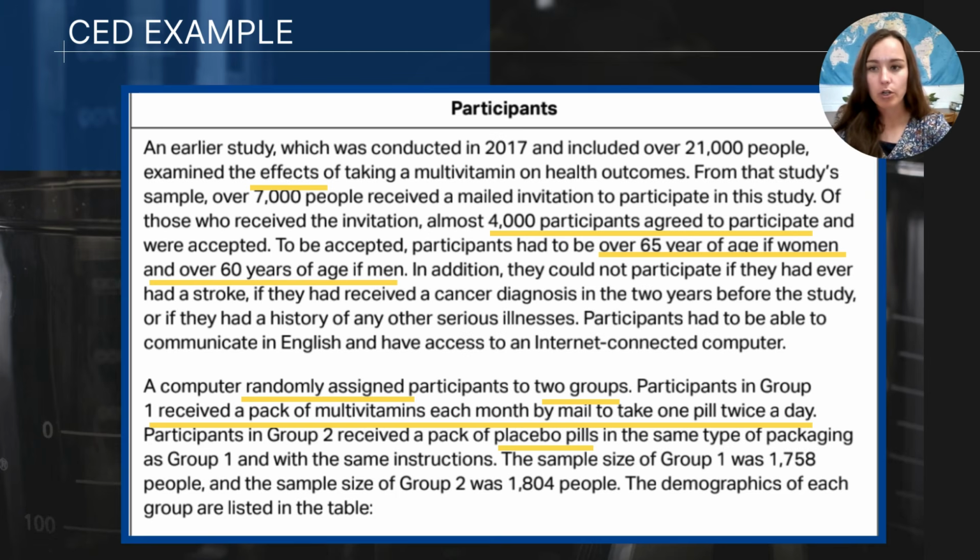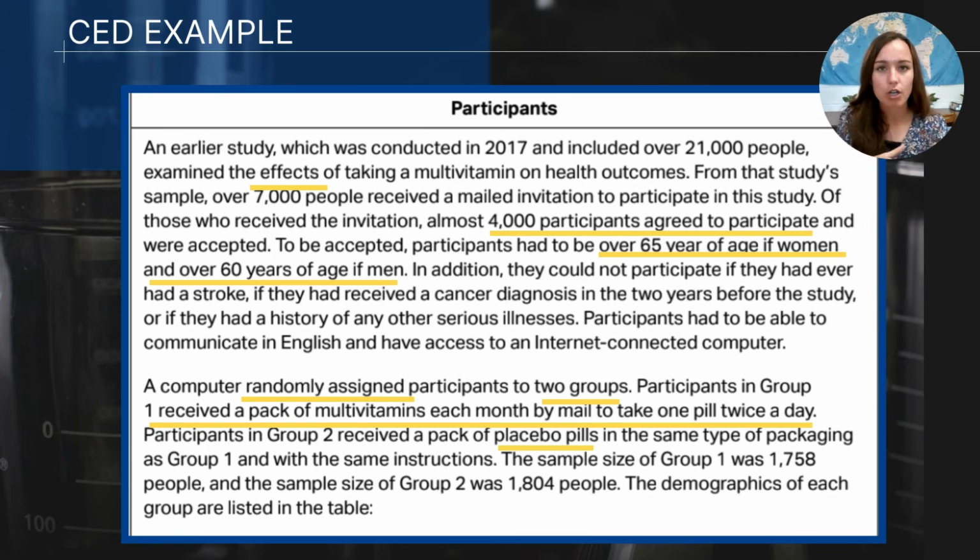So let's keep going. In addition, they could not participate if they ever had a stroke, if they had received a cancer diagnosis in the 2 years before the study, or if they had a history of any other serious illnesses. So that's important because it sounds like they're trying to control any other confounding variables because they don't want to include anyone who had specific health conditions or possibly people who had taken medications that could end up affecting the study.